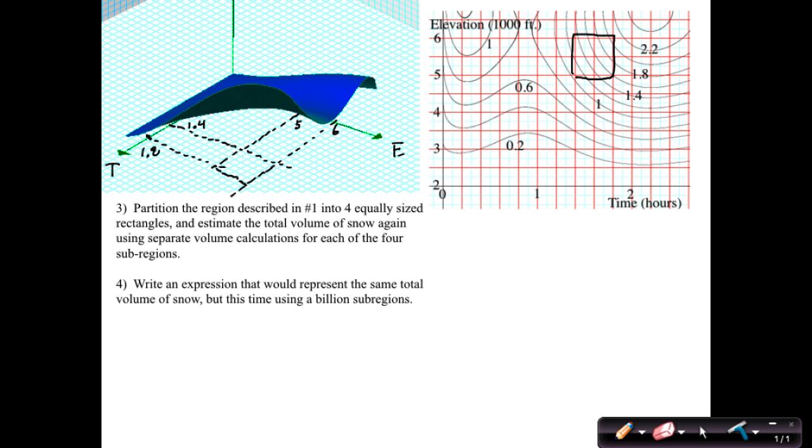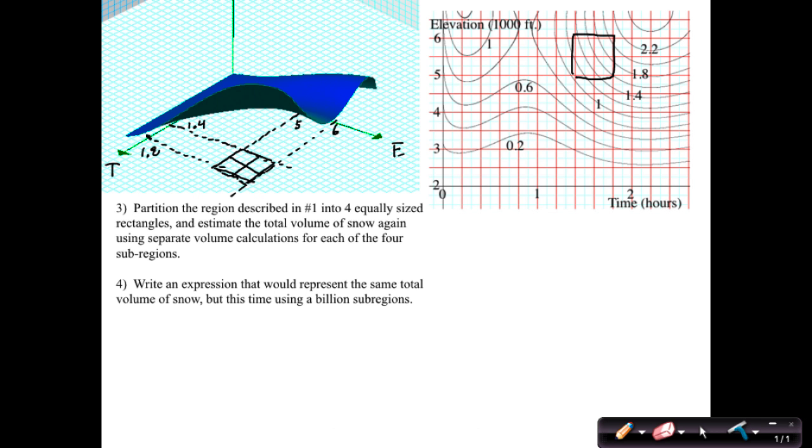And then what? We partitioned it like that, right? Our 1.4 to 1.8 is on the x-axis, and then the 5 to 6 on the y-axis. And so then what did we do?